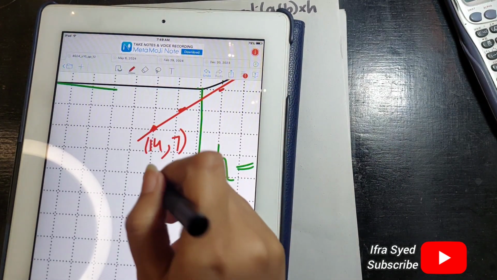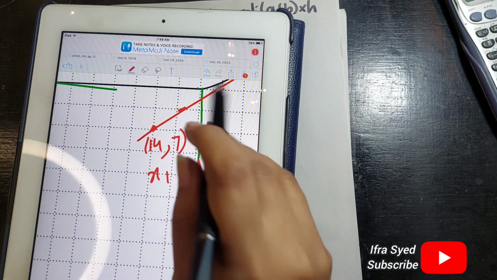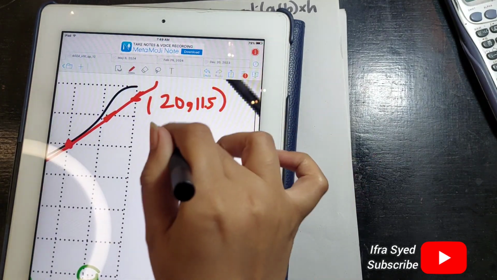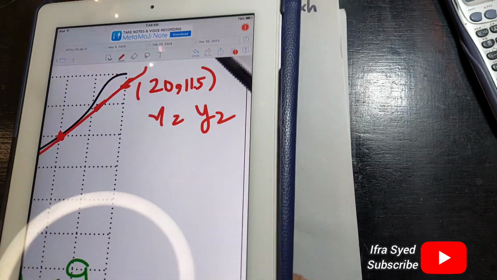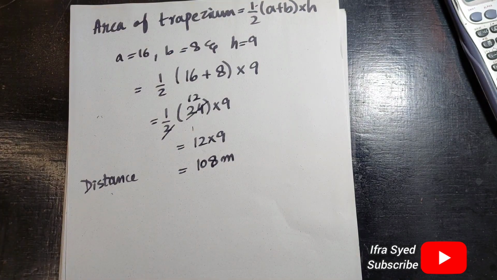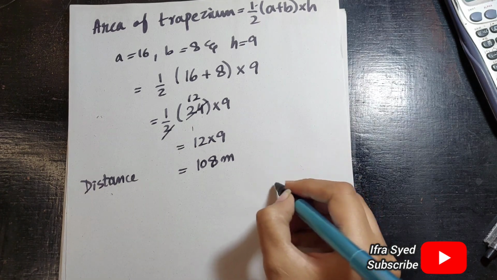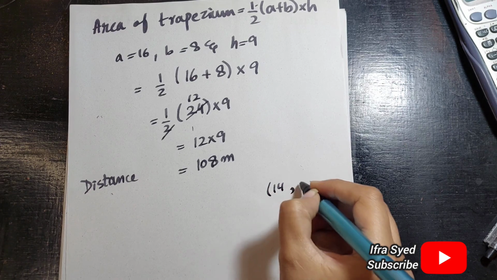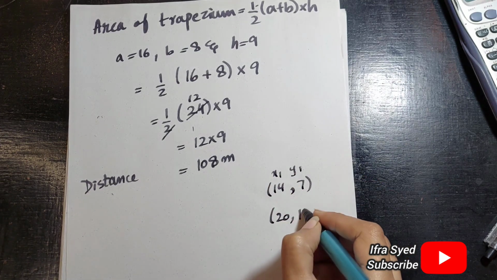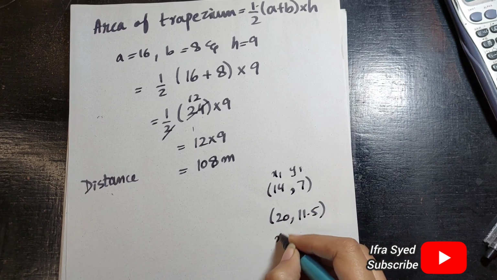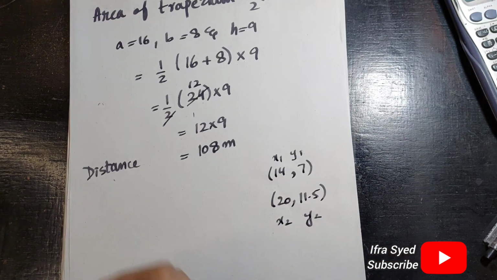So this is our x1, y1, and this is our x2, y2. I will solve the gradient on sheets. So I'm writing here 14 and 7 as x1, y1, and 20 and 11.5 as x2, y2.